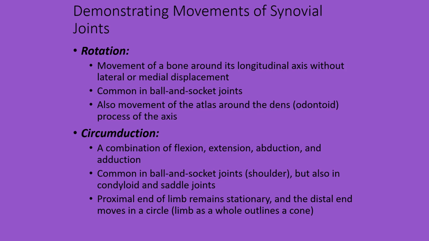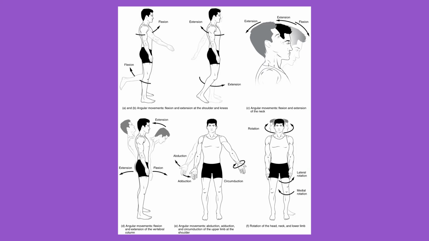Rotation and circumduction, you're moving a bone along an axis. This is often better explained by looking at a picture of it. On this diagram here, you can see the flexion, the extension. You can see rotation, circumduction.